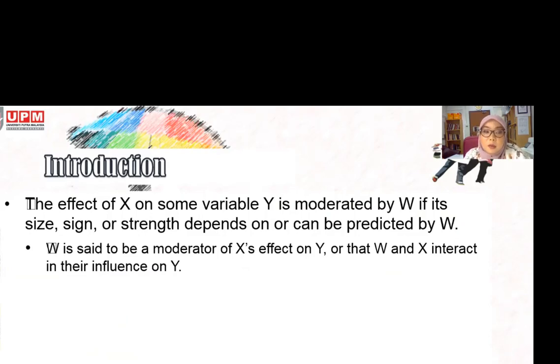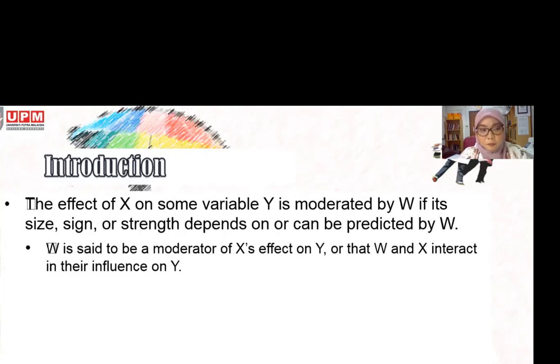Somehow the characteristics of moderator and mediator could be quite similar. But most of the time when you are going to test for a moderator, we prefer to use a categorical variable. If let's say mediator, somehow we prefer to use a continuous variable.